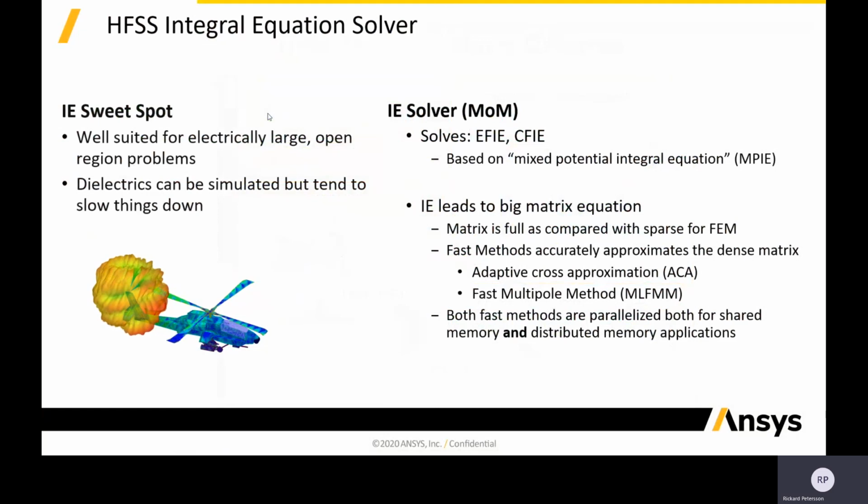And the two methods we use are adaptive cross approximation and the fast multipole method, and each of them has benefits in different scenarios, and I'm not getting into that here today. And both of these fast methods are parallelized, and they work for both shared memory and distributed memory applications.